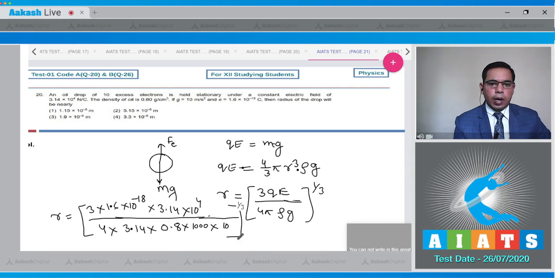Now calculating this value, we will get r equal to 1.145 into 10 to the power minus 6 meter. Hence option number 1 is the correct answer.